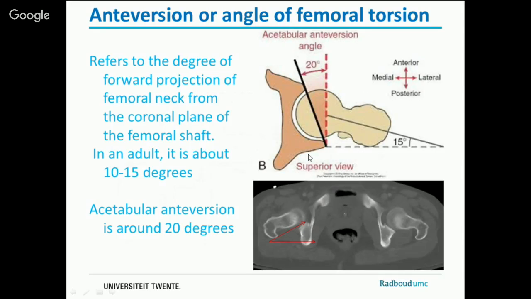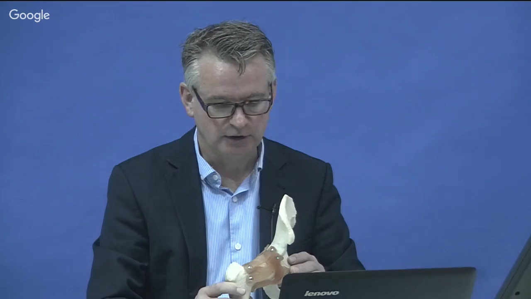It is also important to know that the orientation of the femoral neck and the opening of the acetabulum is not symmetric in the frontal plane. So I have here the synthetic joint.